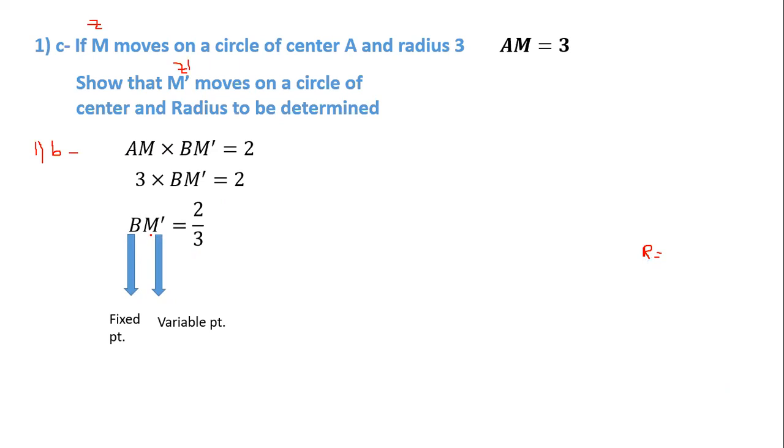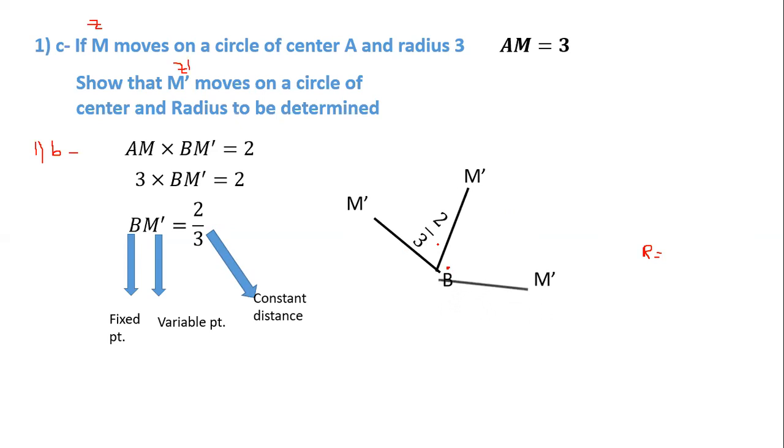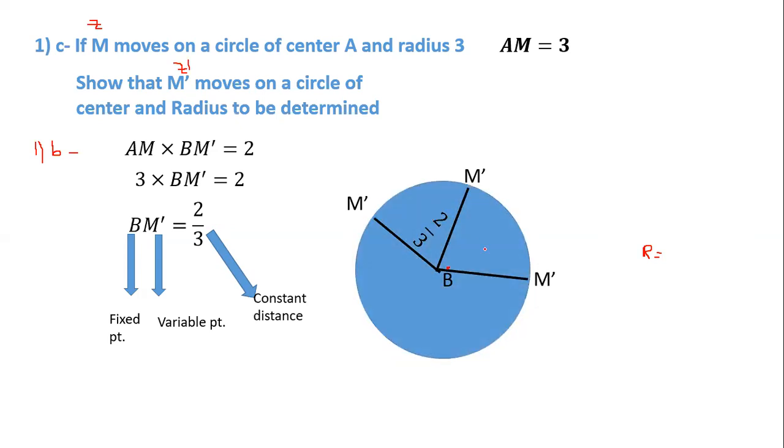So B's position is fixed, M prime's position is variable. But however the position of M prime changes, the distance stays constant. Let's imagine the figure together. Point B is fixed, meaning its place is here and does not change. M prime is variable, so I can put it wherever I want, but the distance between B and M prime is always equal to 2 over 3. We can put M prime anywhere, but whatever place we choose for M prime, the distance BM prime is constant and equal to 2 over 3. So we can say that M prime is moving on a circle of center B and radius 2 over 3.